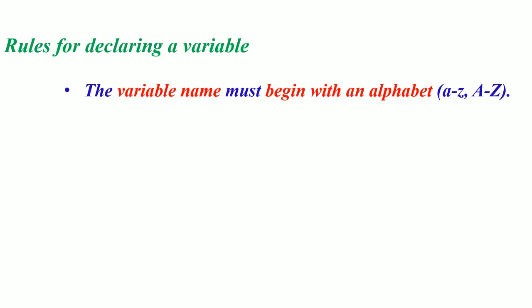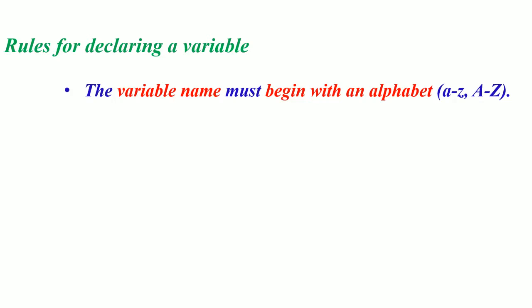Rules for declaring a variable. It is important to know how to name a variable. Some rules you have to follow while naming a variable. Let us see the rules. The first point is the variable name must begin with an alphabet. It must begin with an alphabet, either an uppercase or lowercase letter.